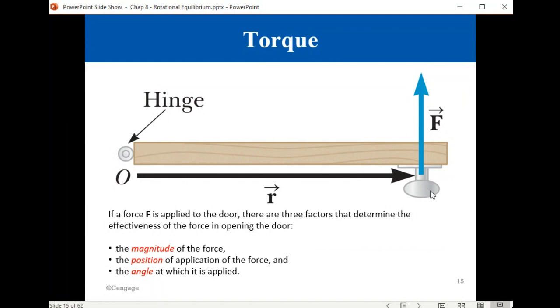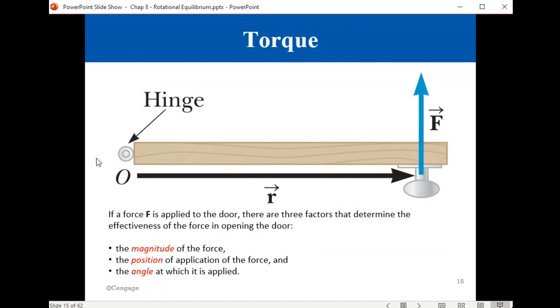You have the handle here. In order to open the door or close the door, we need to apply a force here at the handle. So the force that we apply here will allow us to open or close the door. The motion of the door is a rotational motion. All rotational motions occur around some axis. So this motion occurs around the hinge here for the door.